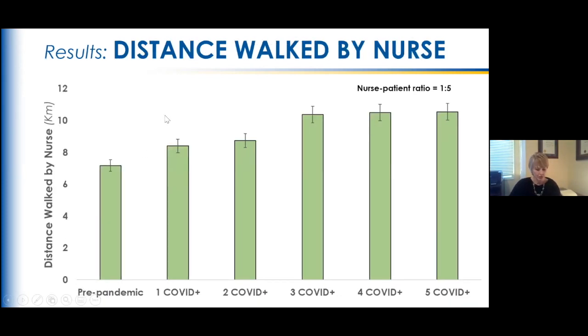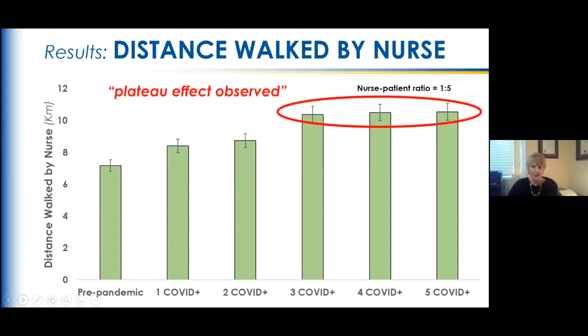This slide shows you the distance walked by a nurse during a 12-hour shift. And so what we found here was that when caring for COVID positive patients, a nurse walked a range from 8.4 to 10.5 kilometers per 12-hour shift. And what we saw here is what we call a plateau effect, when the number of patients ranged between 3 and 5 COVID positive patients.